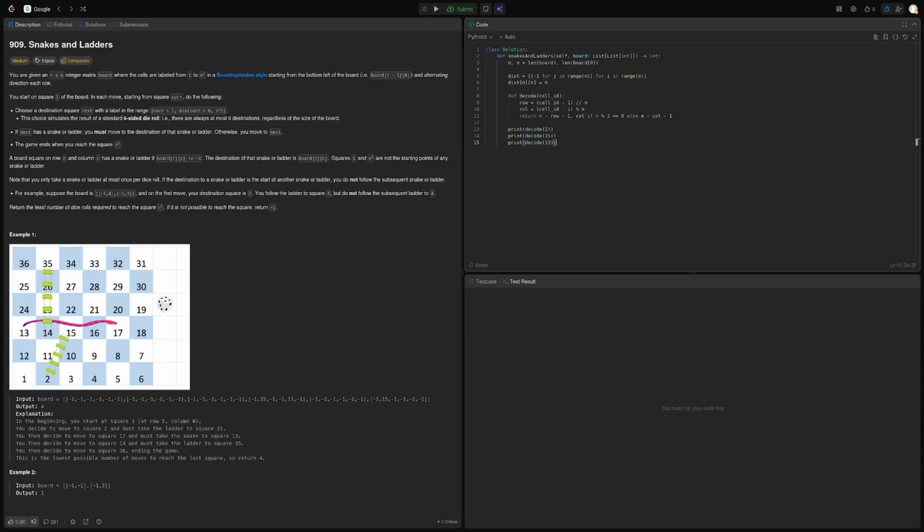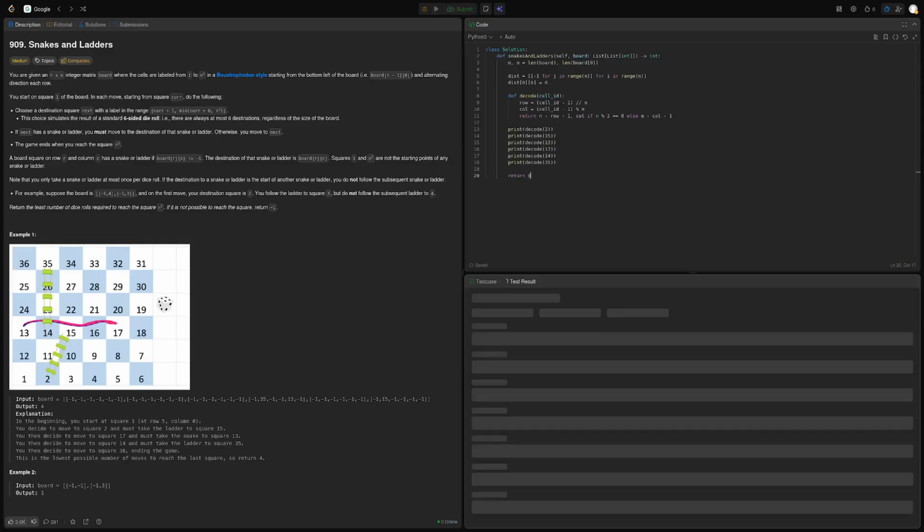Decode 13, 17, 14, decode 35, return 0. Let's go.